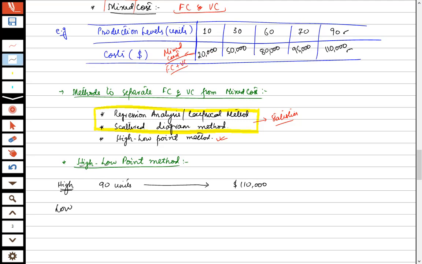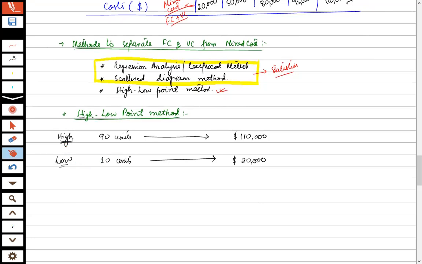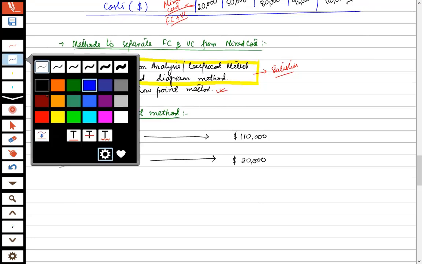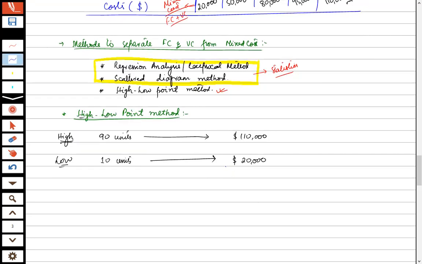Now we will take the low activity. Which is the low activity? 10 units, obviously. So we write 10 units. And what is the corresponding cost? $20,000.